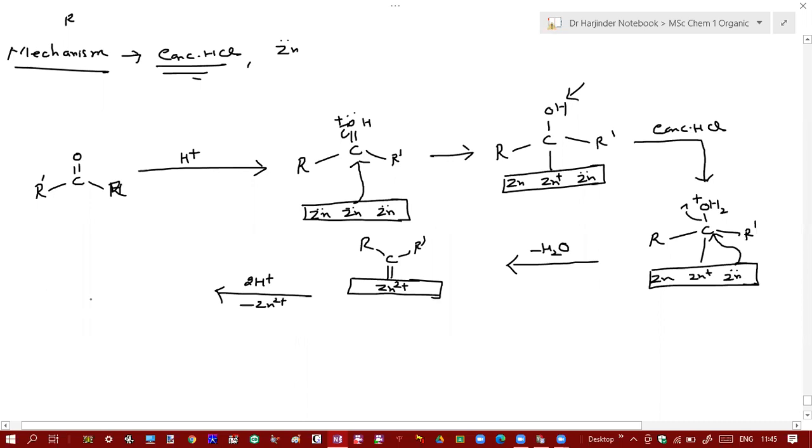So this will become RCH2R prime. This is the mechanism for Clemmensen reduction. Just look over this mechanism, and if you have any question, please ask.